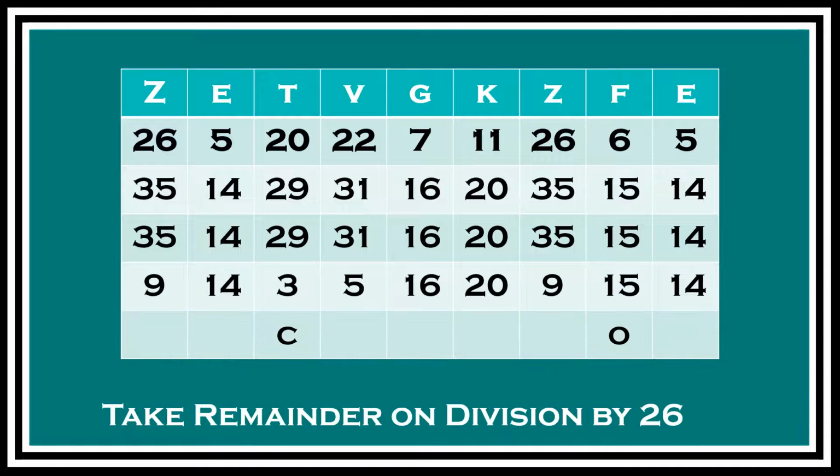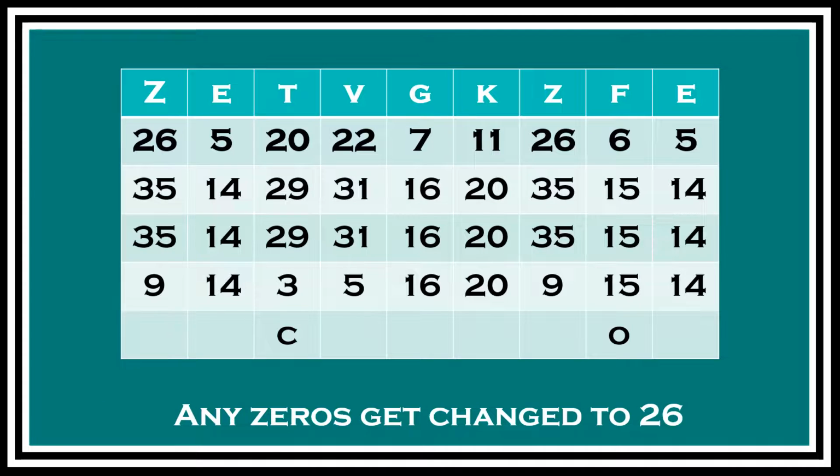And from there we would need to take the remainder when we divide by 26. So the fourth row of numbers there is the remainder when we divide by 26, and if there are any zeros that appear in that fourth row, we need to replace them with 26.